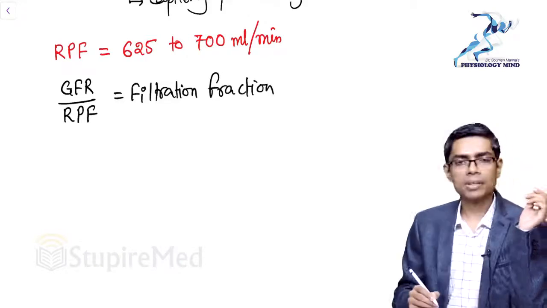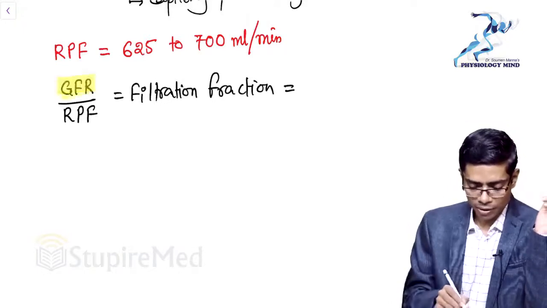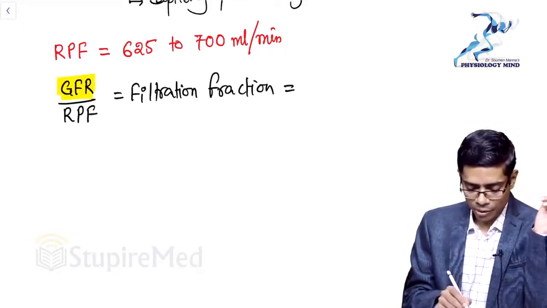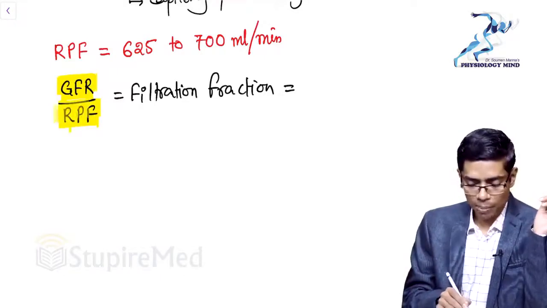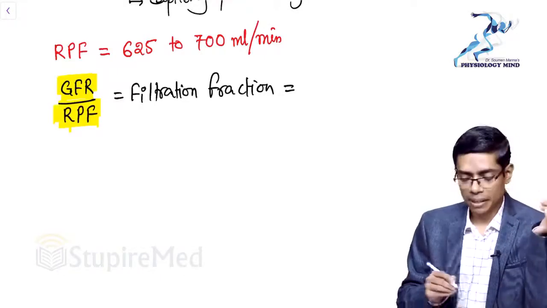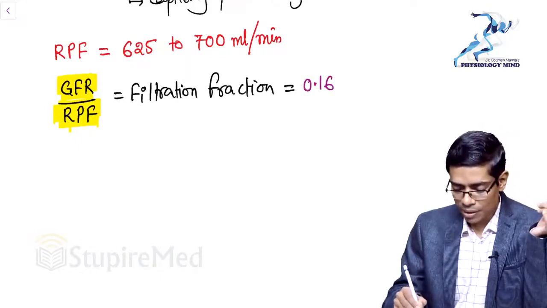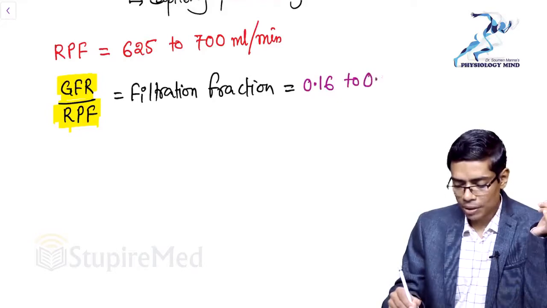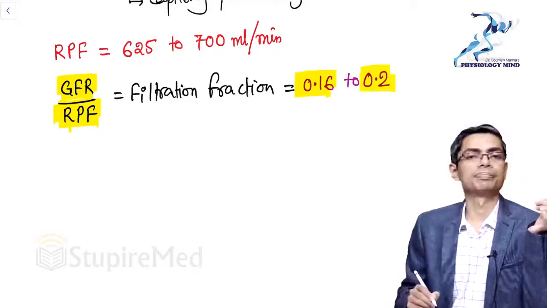Important for MCQ. Filtration fraction. If you put the normal value of 125 upon 625 or 125 upon 700 ml, what will you get? You will get a ratio of 0.16 to 0.2.